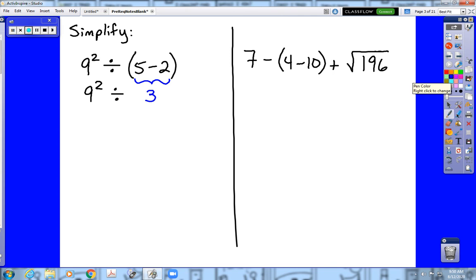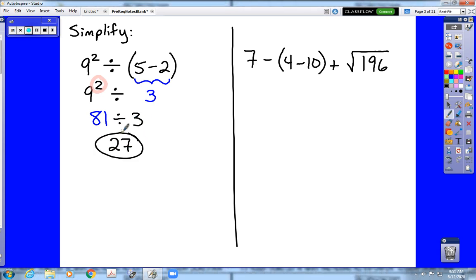So we're going to carry out the exponent next. 9 squared is 81. So we have 81 divided by 3. Then, next up would be multiplication and division from left to right. So 81 divided by 3 is 27.